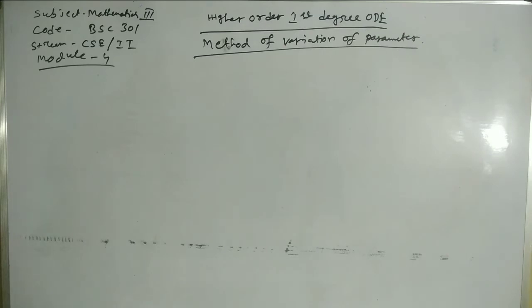In this video, I will discuss the method of variation of parameter for solving higher order and first degree ordinary differential equations. In my previous video, I discussed higher order first degree ordinary differential equations, and the solution procedure was to find the particular integral and complementary function.